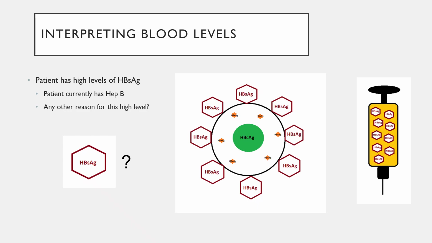Let's interpret our first scenario. We have high HBsAg. What does that immediately tell us? The patient currently has hepatitis B. Full stop. Remember, surface antigen equals virus present. Now the next question becomes, is this acute or chronic, or is the virus actively replicating?